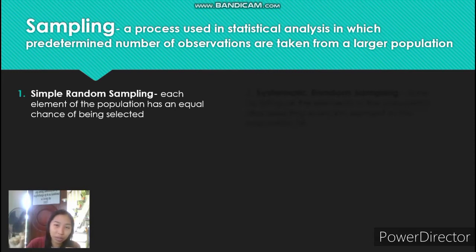Assign na nimo sila og matag usa og number. Pagkahuman, dili na ang pangalan ang imong bunuton kundi ang numbers na lang. Kunwari 1,000 ang imuhang population, mamili ka og 200, so mobunot ka og 200 ka buok. That is called the lottery method.